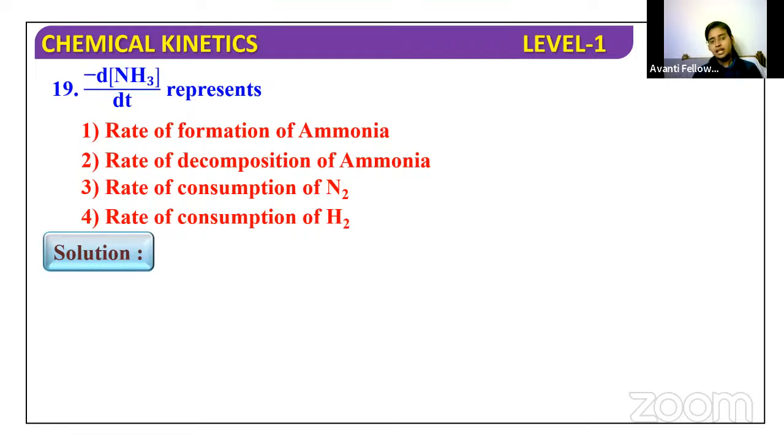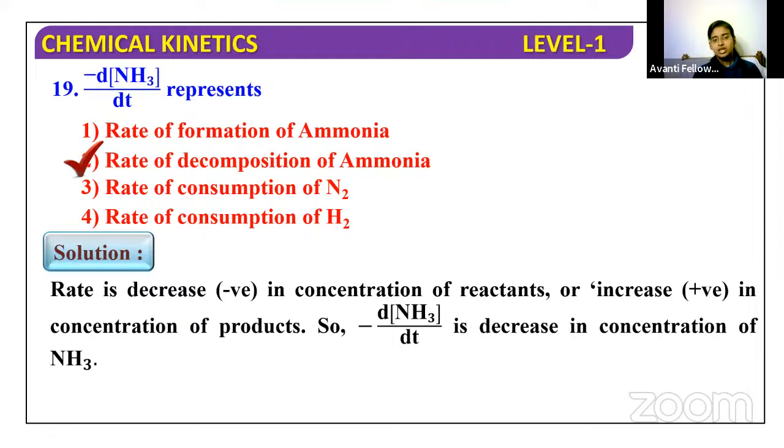So minus actually denotes the decomposition. Very good. So it denotes the decomposition of ammonia. The rate is the decrease in concentration of reactant or increase in concentration of product. So minus d[NH3] by dt is the decrease in concentration of NH3. Okay, very good.